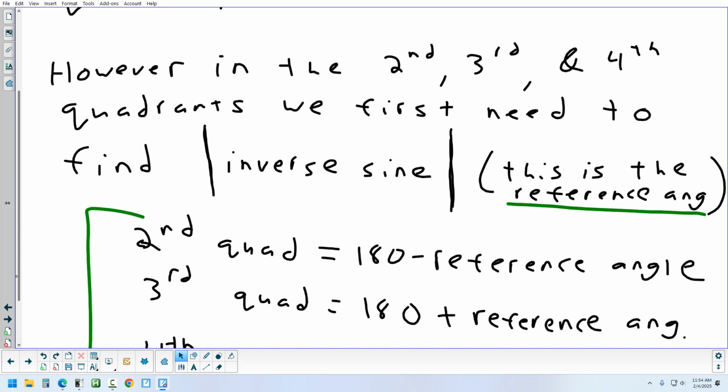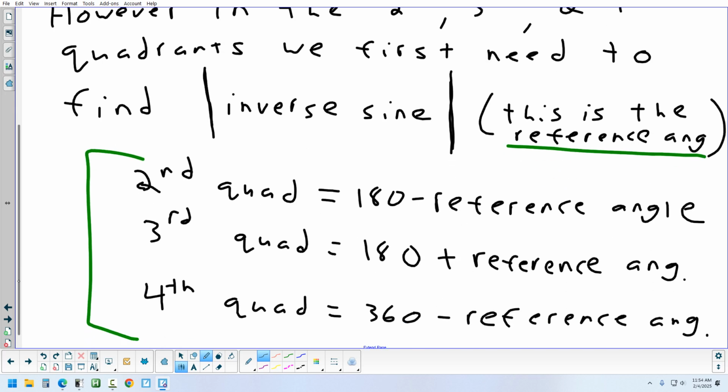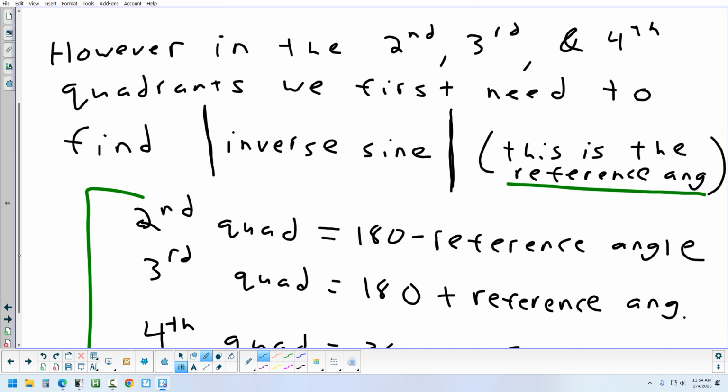And because it's a reference angle, it is always a positive number. The only way you would get a negative number for the reference angle is if you plug in a negative number. If you don't plug in a negative, you won't get a negative. Okay? But I'll plug in a negative so you can see what happens, and we'll do it in quadrant 2 or 3.